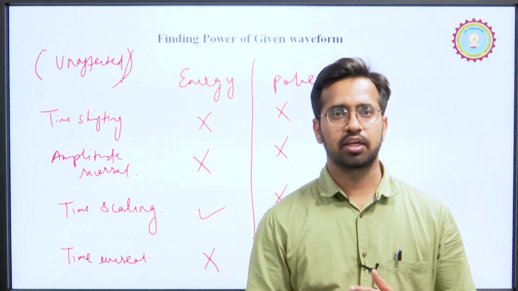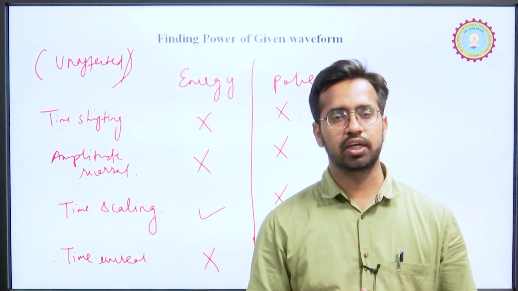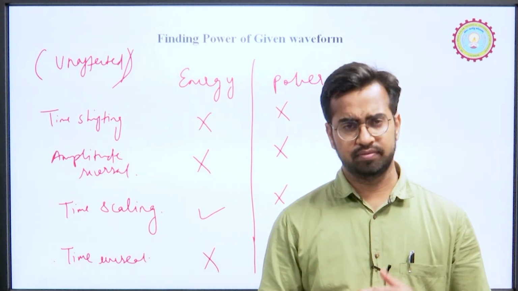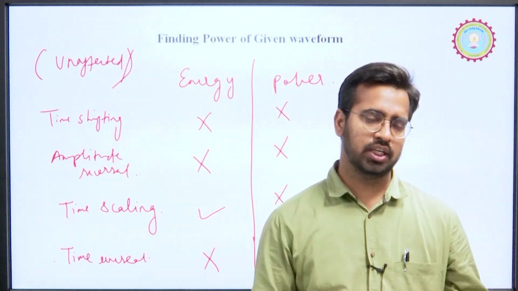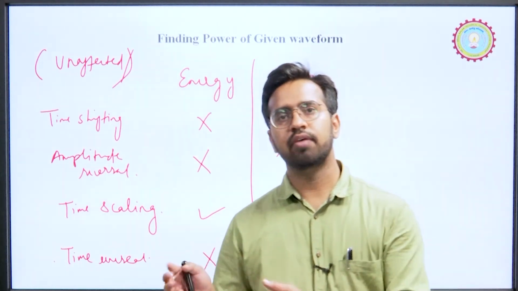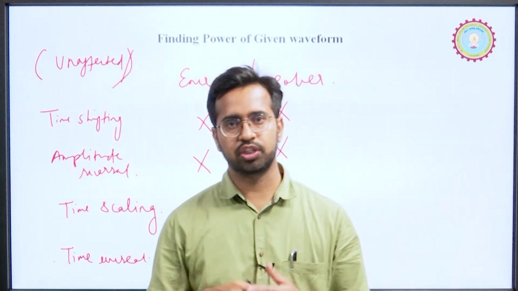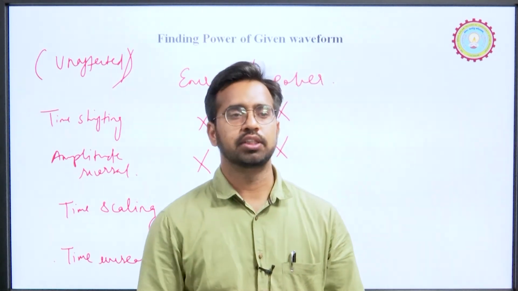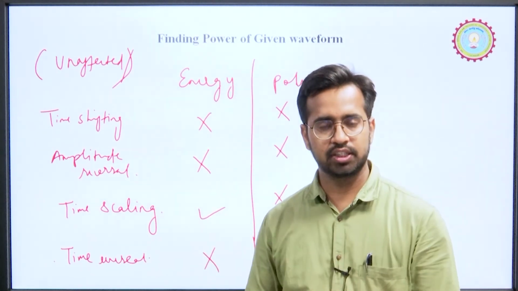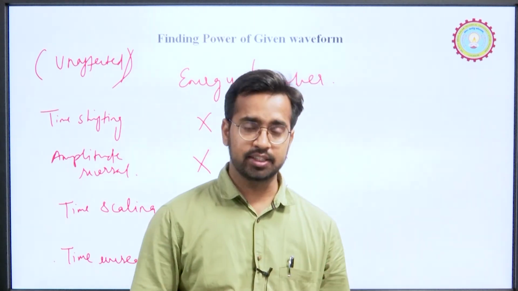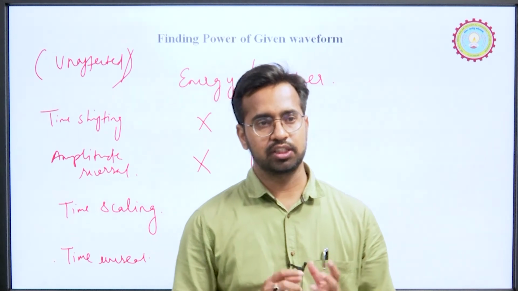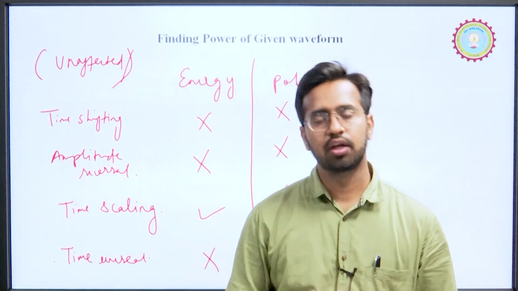But from the next lecture onwards, we will study the system properties. System properties means, just as we have properties for signals and classification of signals, similarly we have some properties associated with the system, like whether a system is a static system or dynamic system, a time invariant or time variant system, whether a system is an LTI system or non LTI system, or whether a system is causal, non causal or anti causal.